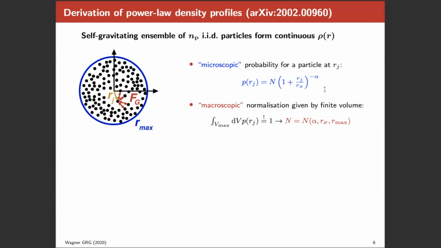The thing that we don't know here is the power law index, and because it's a probability density function, we still have to normalize it. And here comes the information of the macroscopic part, meaning of the continuous mass density that we would like to represent with these particles. Because the normalization constant here is obtained by stating that we find this particle in the structure with a probability of 1 if it belongs to the structure.